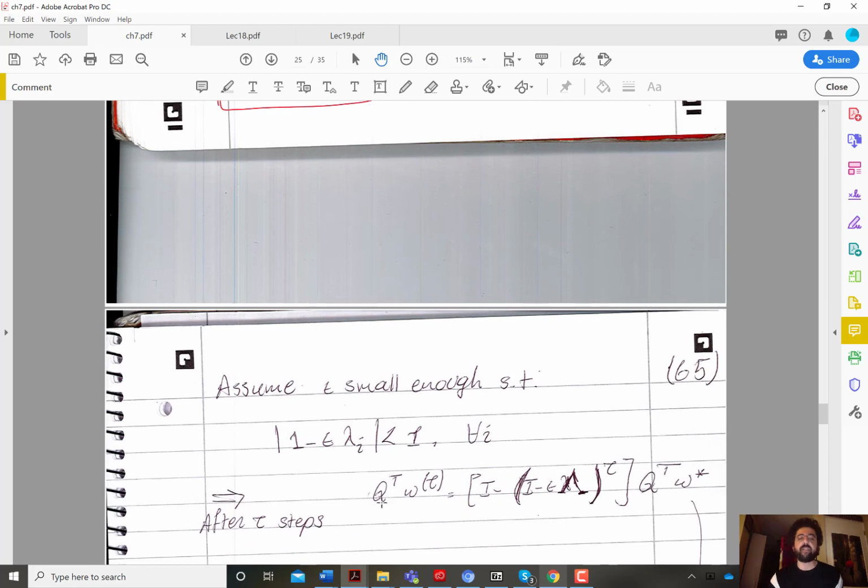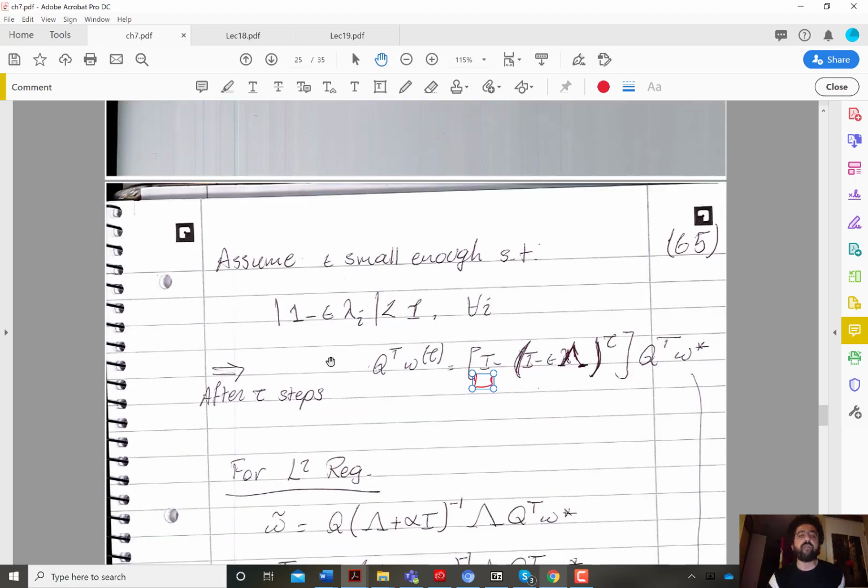So basically, Q transpose omega of tau minus omega star, and here we put the Q transpose omega star on the other side. If you take the identity times Q transpose omega star and put it to the other side, it becomes Q transpose omega of tau. That thing becomes minus Q transpose omega star times I minus epsilon lambda to the tau.